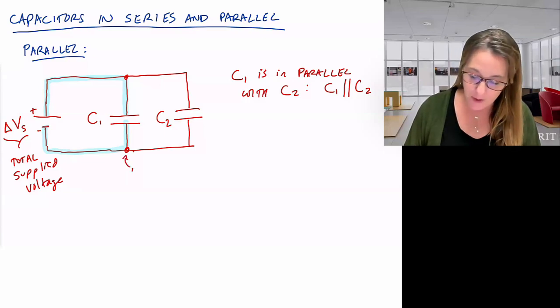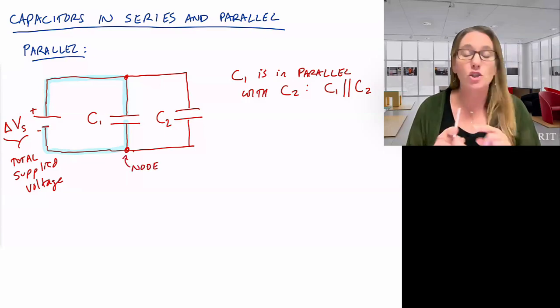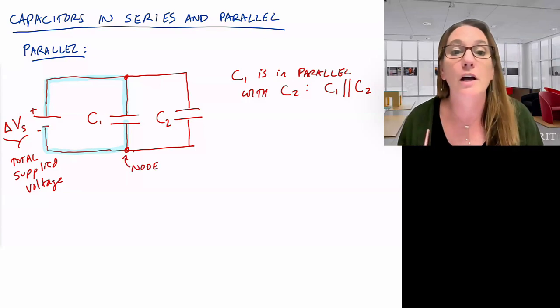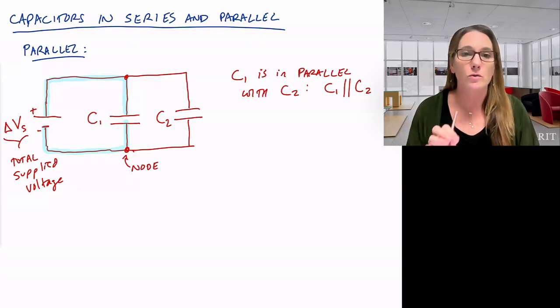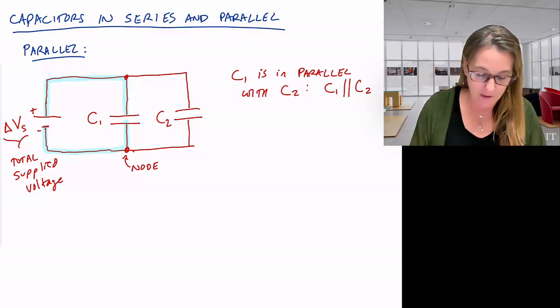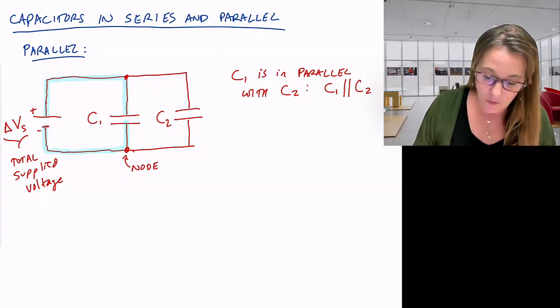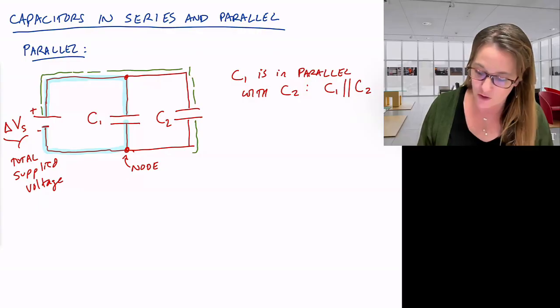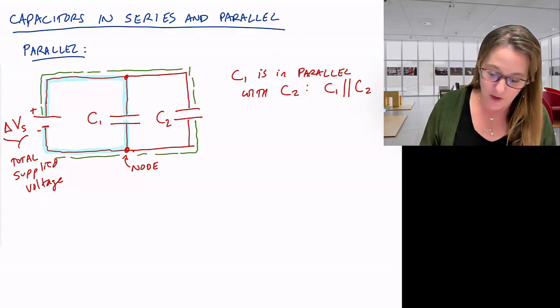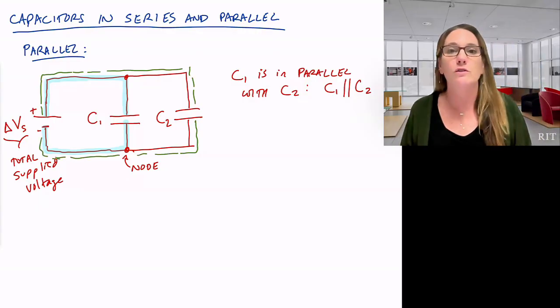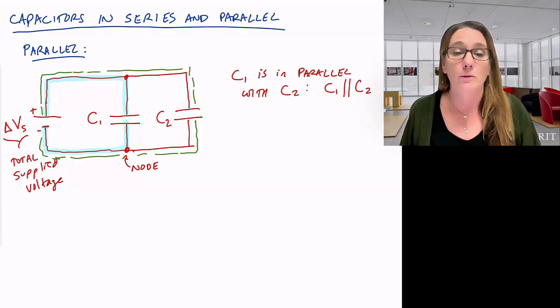We call these points of a choice in the path a node. So that's like a junction where you can choose which path you go through. So we can see that we have a complete closed path with C1. We have a separate closed path which would traverse C2 without passing C1. So that's what defines it as parallel.